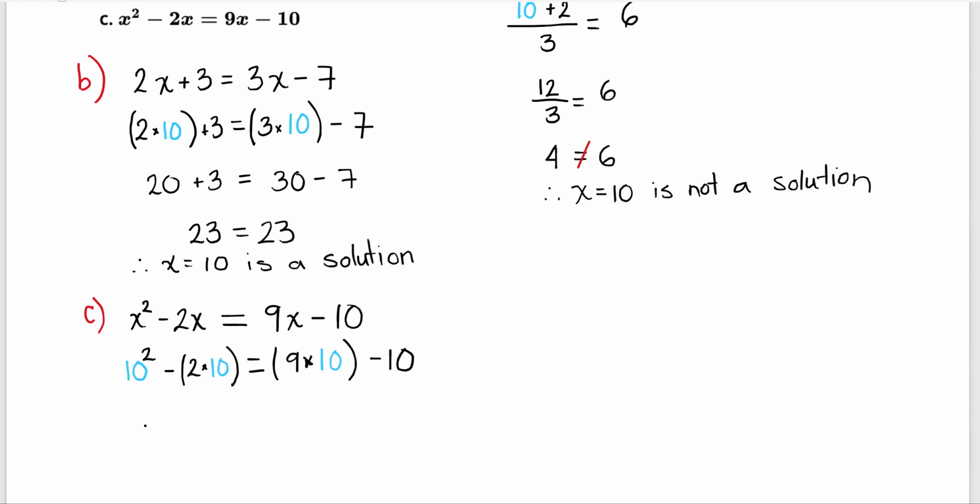Then I'm going to solve this underneath. This one is going to be equal to 100, take away 20, is equal to 90, take away 10, and that's 80 equals 80. Therefore, x equals 10 is a solution.